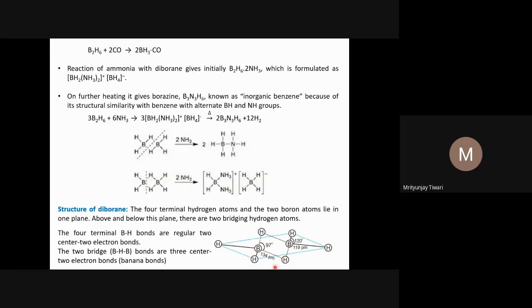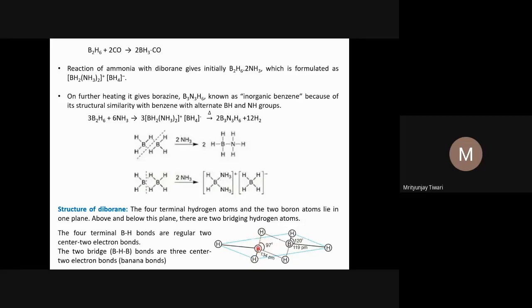Now these hydrogens will actually make bonds with both the borons. Initially, in the one BH3 molecule, there were only two electrons in each BH bond. Because of the availability of a vacant p orbital, this condition was not very stable, and there was no complete octet of boron in BH3.